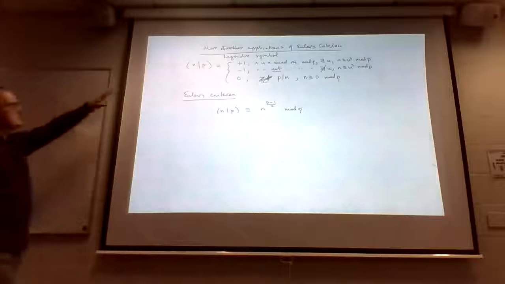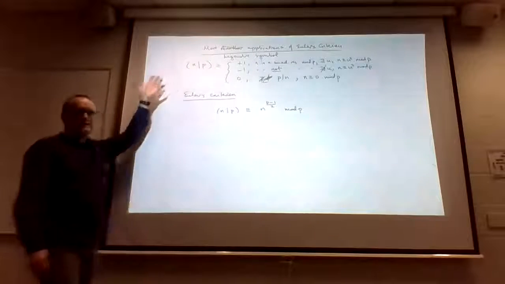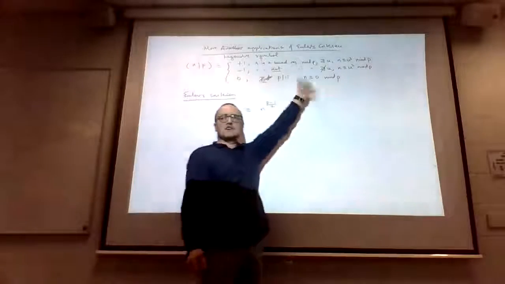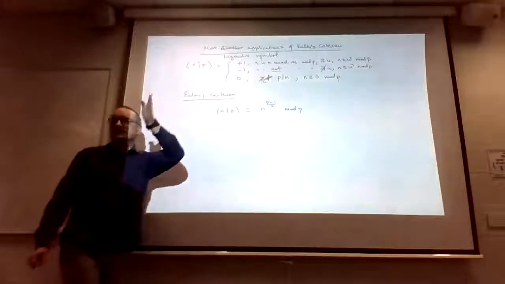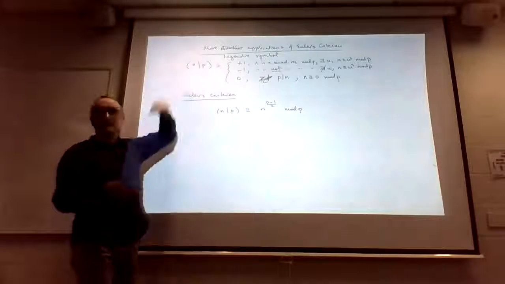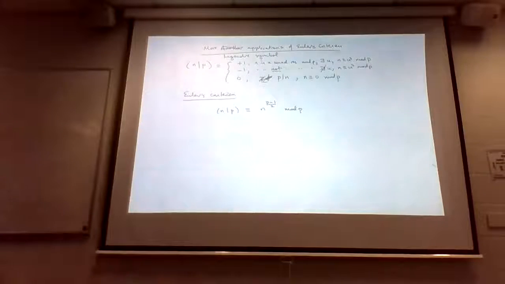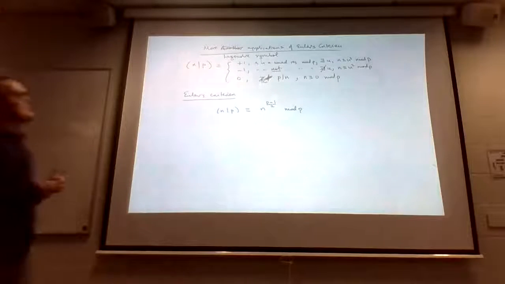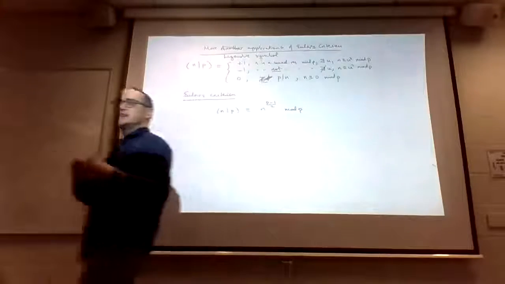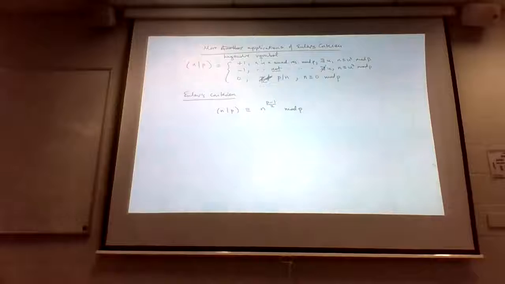If you're just working with the definition, you search amongst the congruence classes mod p, find the ones that are quadratic residues, and inspect to see if n is amongst them. At the moment, the only technique we have for finding the quadratic residues is to take all the congruence classes mod p and square them, and see what comes up as squares.